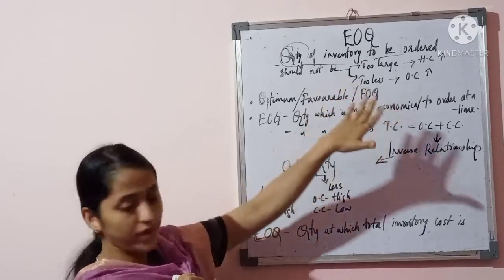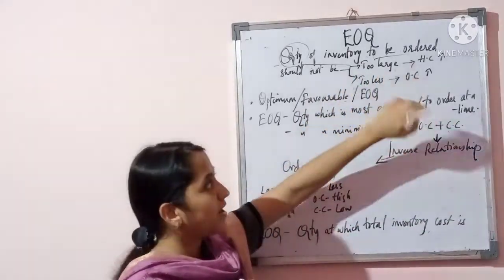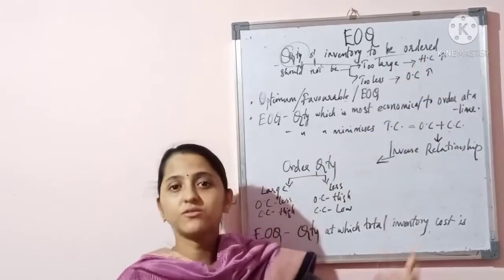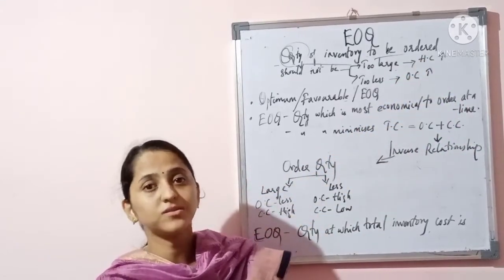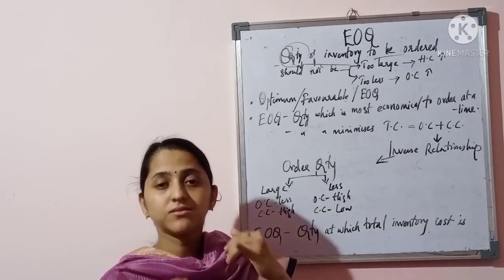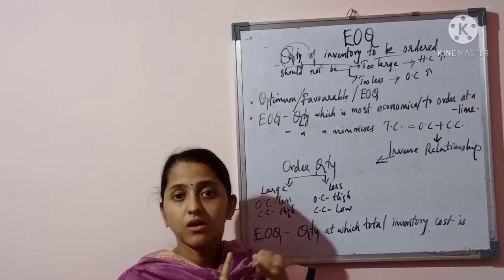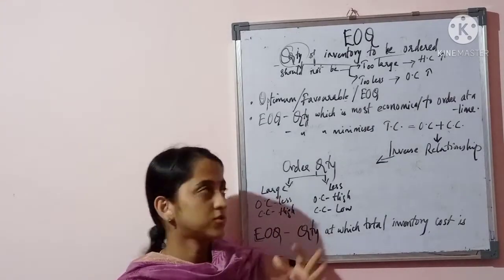If the inventory we are going to order is too large, then the holding cost, we have already discussed, there are various costs associated with inventory management. Among them, there are basically two types of costs, that is ordering cost and carrying cost.